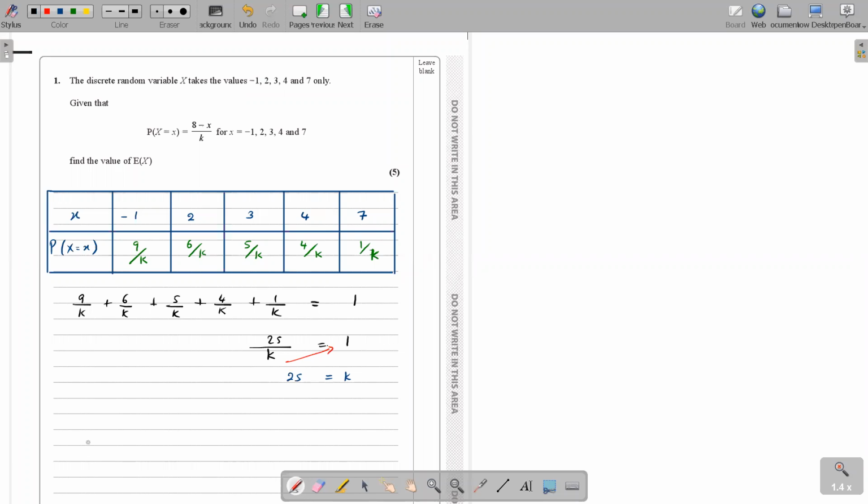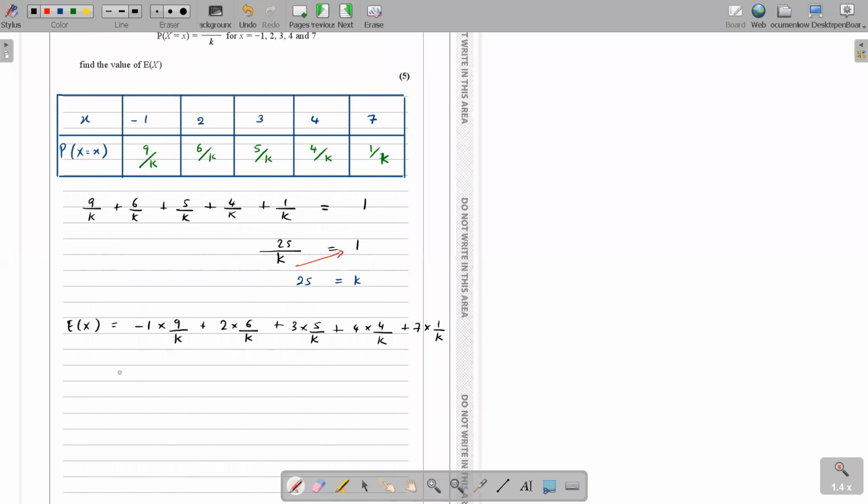So let's get E(X). To get E(X), you must take the x value along with its probability: -1 times 9 over k plus 2 times 6 over k plus 3 times 5 over k plus 4 times 4 over k plus 7 times 1 over k. Actually, k is a common denominator, so we can put it at the end.